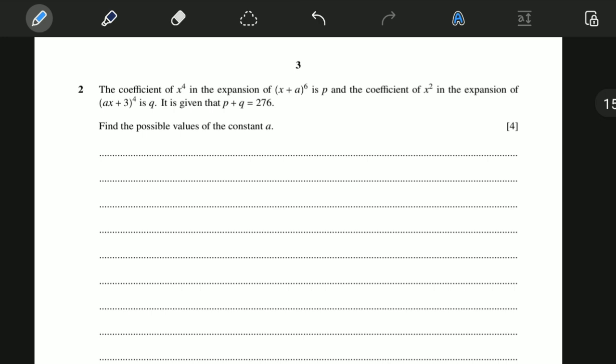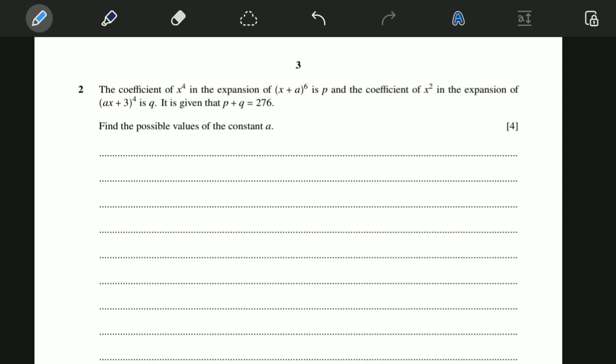Okay, question 2. Question 2 says the coefficient of x^4 in the expansion of (x plus 8) whole power 6 is p, and the coefficient of x square in the expansion of (ax plus 3) power 4 is q. It is given that p plus q is equal to 276. Find the possible values of the constant a.